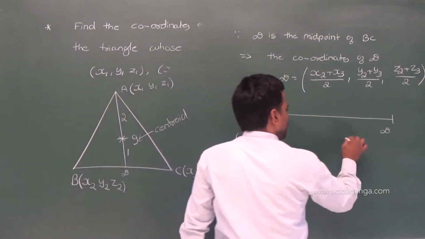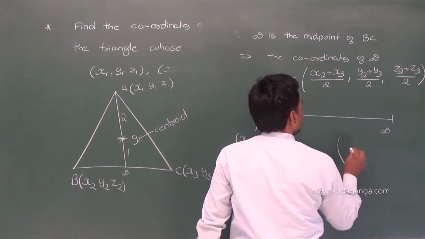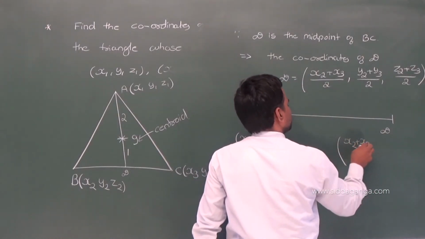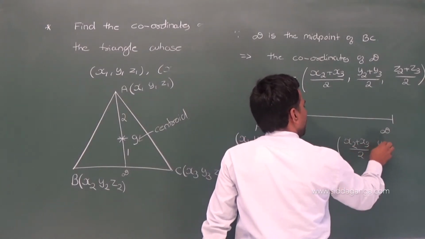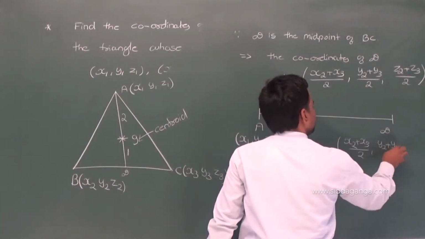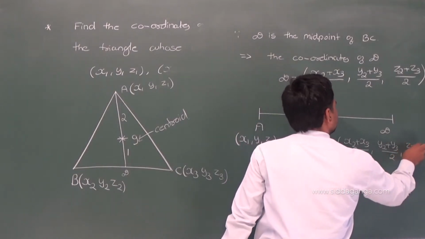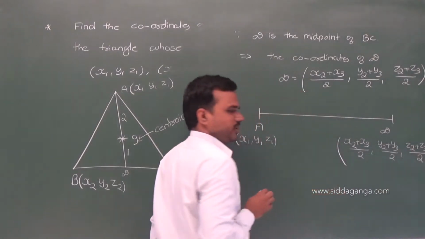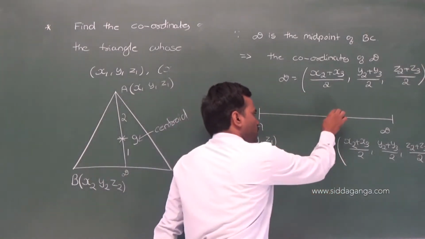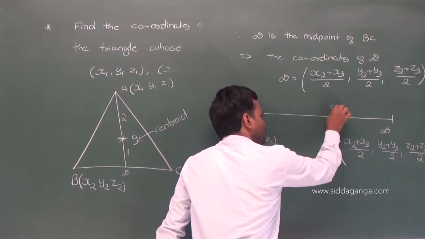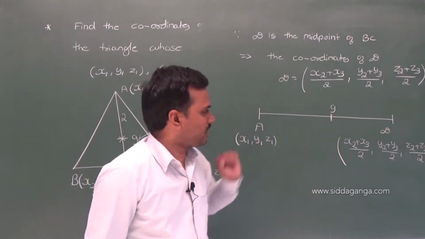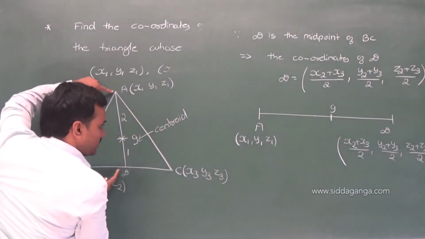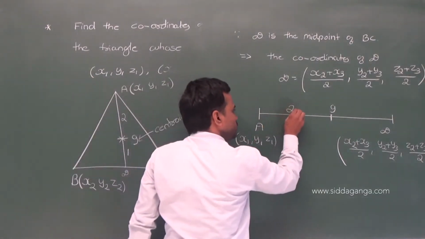The coordinates of D, just now we found, are x2 plus x3 by 2, y2 plus y3 divided by 2, and z2 plus z3 divided by 2. So here the point centroid G divides the line joining AD in the ratio 2:1.